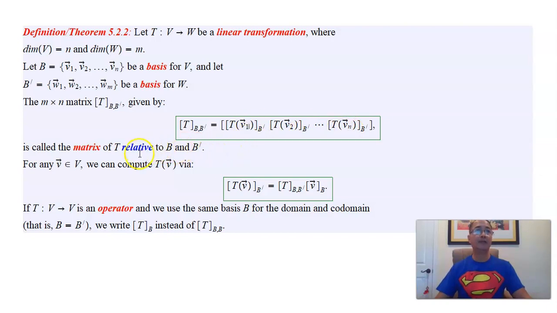That matrix is called the matrix of T relative to B and B prime, or with respect to B and B prime. How do you use this matrix?